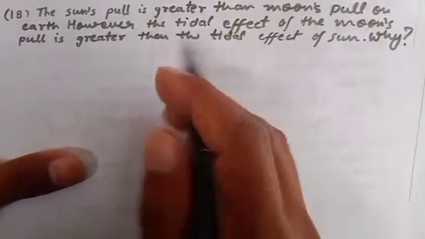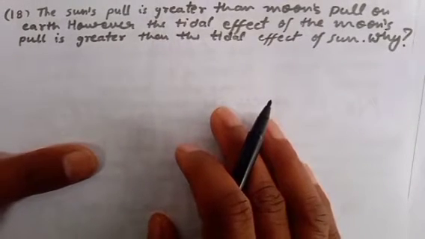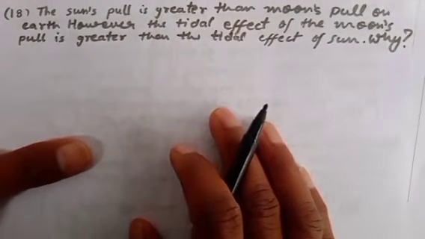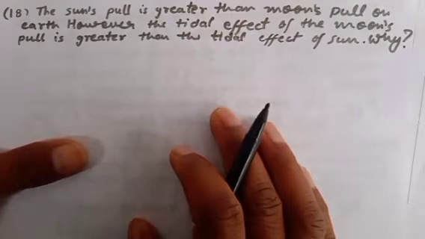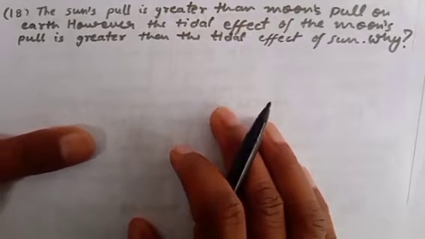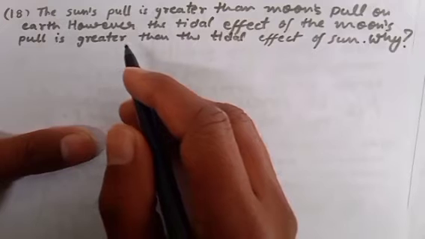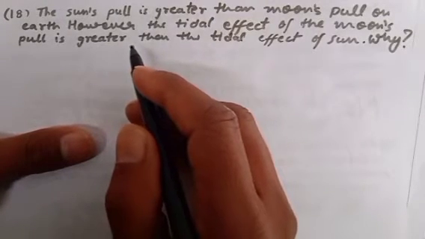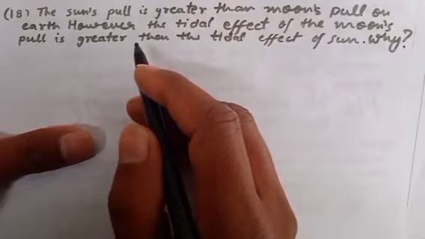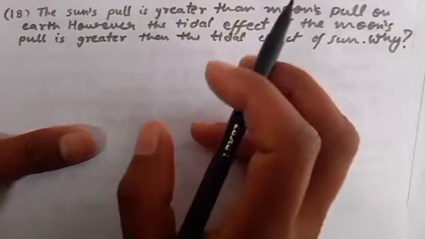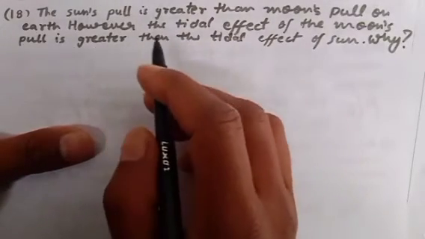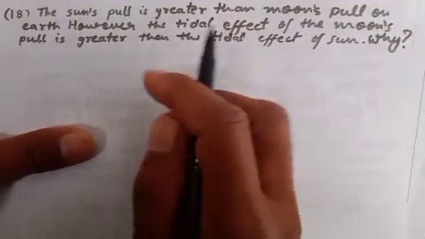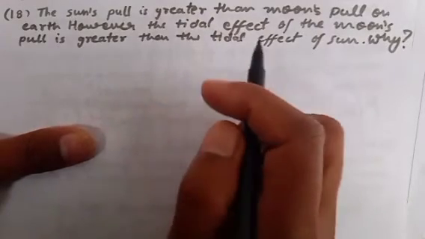Sun's pull is greater than moon's pull, of course, on Earth. I will upload another video in which I will give you the values of how much force sun exerts on Earth compared to moon. So sun's pull is greater than moon's pull. We know that. However, the tidal effect of moon's pull is greater than the tidal effect of sun.